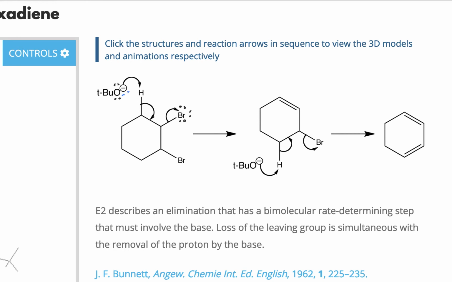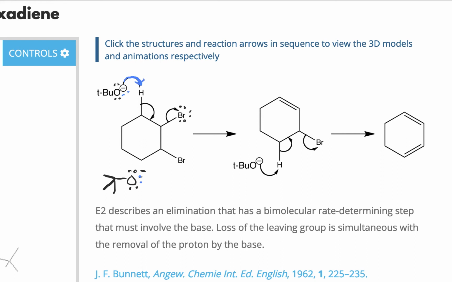The blue lone pair from t-butoxide. And t-butoxide, let me draw out just so you know what that looks like. T-butoxide is going to look like that, and I drew it out with a blue lone pair. So t-butoxide comes down and picks up that hydrogen there.